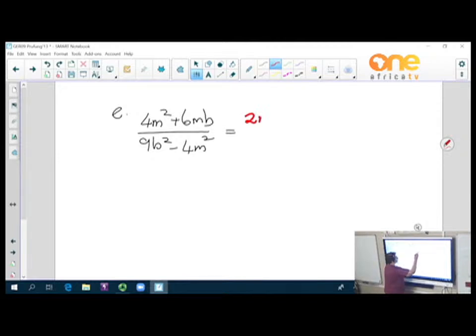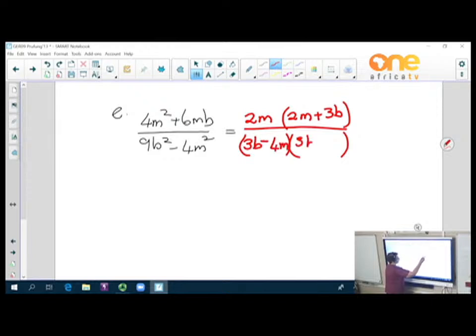So I can take out 2m, divide, then there remains 2m plus 3b. What is this? Two numbers, so it's the difference between squares. Everything is square numbers here. So I get the square root, minus 4m, 3b, plus 4m.